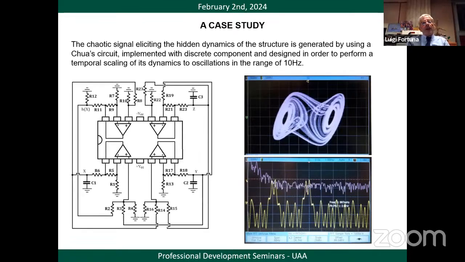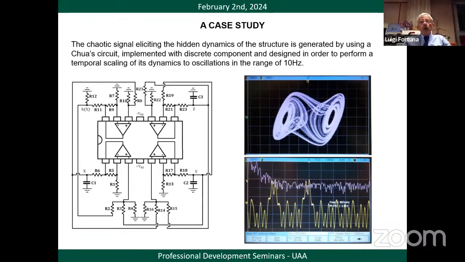In practice, we use chaotic signals to stimulate the whole system. Then we can see this is a first link between imperfection and nonlinear circuits, because we use nonlinear circuits like a noise, like a vibration, like a random vibration.